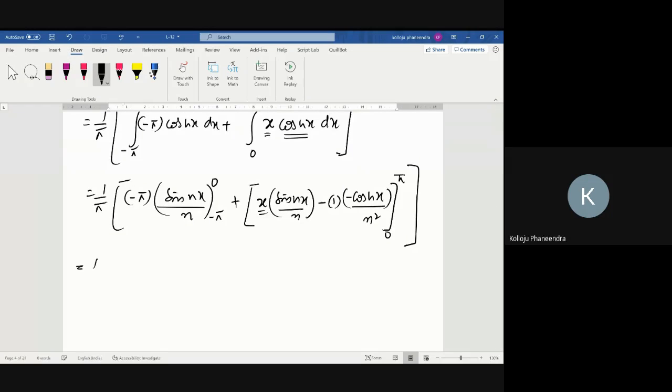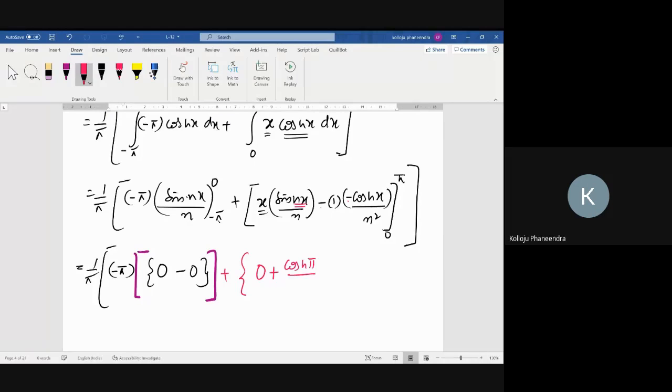So this is equal to 1/pi, first one, minus pi. Let me consider this bracket. First, upper limit, anyway sin 0 is 0, minus this, sin n pi is also 0. So this entire first one is 0. Coming to the second one, plus, in the second one, upper limit pi, sin n pi is 0, and minus into minus plus, this becomes what? cos n pi by n².